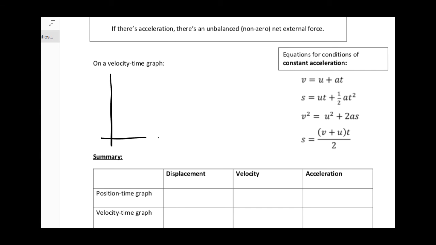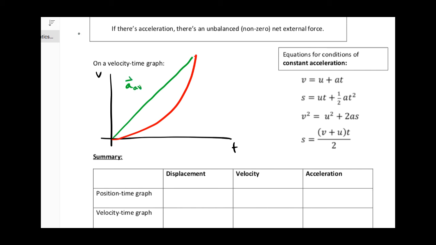If we graph a velocity time graph, and if we have the same kind of shape as we did before, then now the slope of the secant is the average acceleration, and the slope of a tangent, imagine that's touching, is the instantaneous acceleration. Okay.